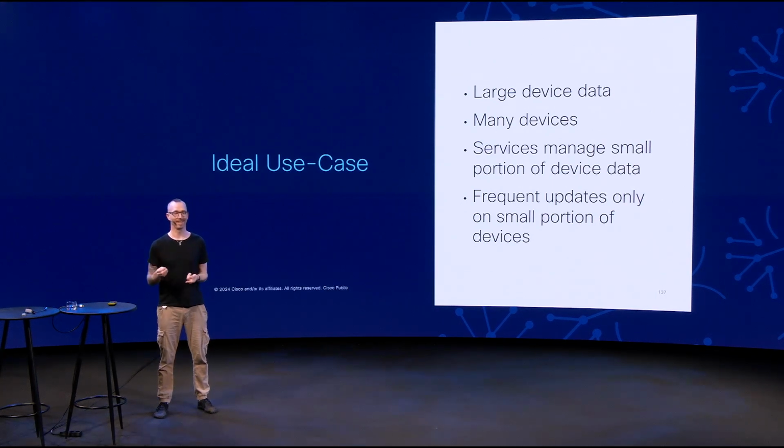That would mean, yes, you now need to have a lot of memory to store all that device configuration for all your devices. But you wouldn't require that anymore because you would only have to load in this tiny bit of configuration from the device, or a small portion of it at least. And you would always have that in memory because you would never hit the threshold, because you're only updating, at least from the frequent devices, and they will be hot. So the overhead would be as small as possible.